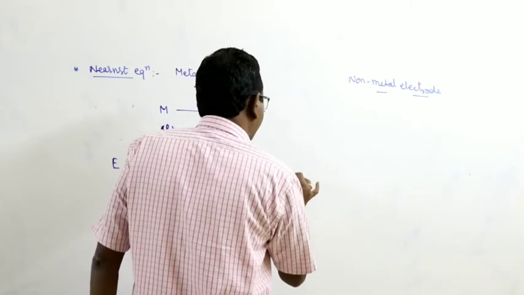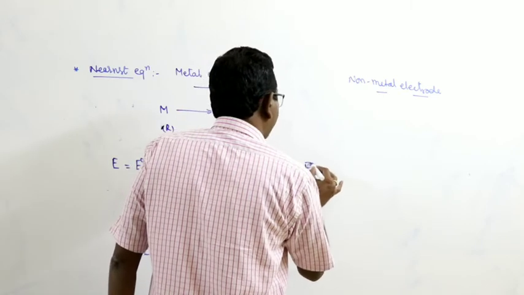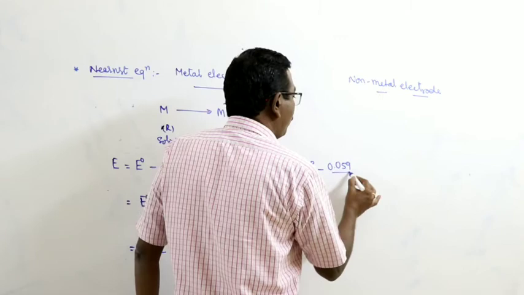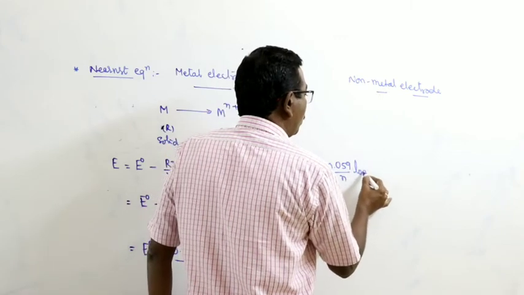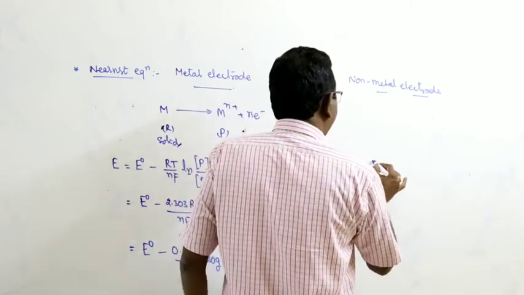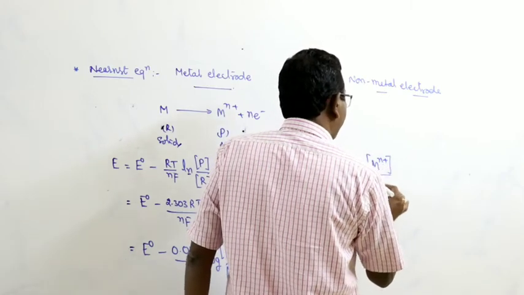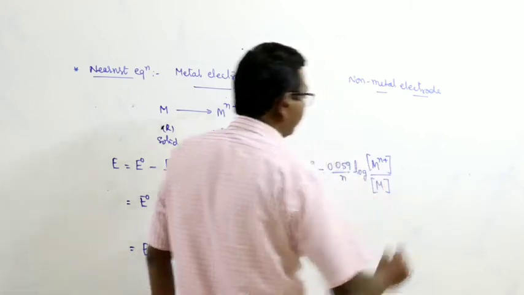The same expression is represented as E is equal to E naught minus 0.059 by n into log concentration of M^n+ by concentration of M.